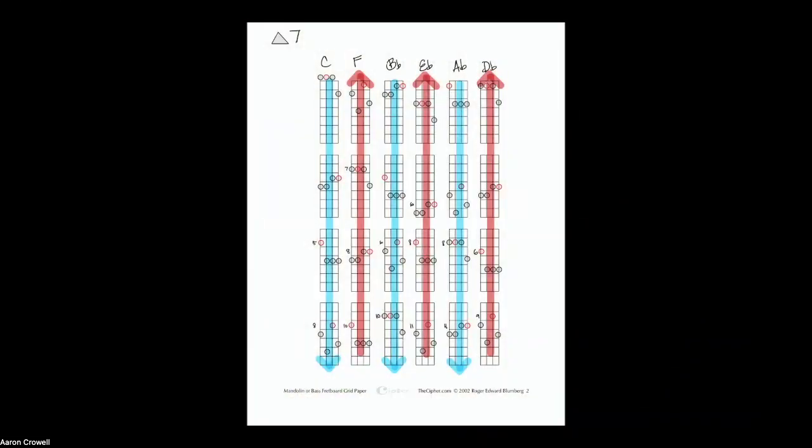In the meantime, what we're going to do is review a little bit of what we have already gone over. Last week we saw this exercise, right? Where we went up the fretboard in the key of C with our major 7. We descended in the key of F with our major 7, right?